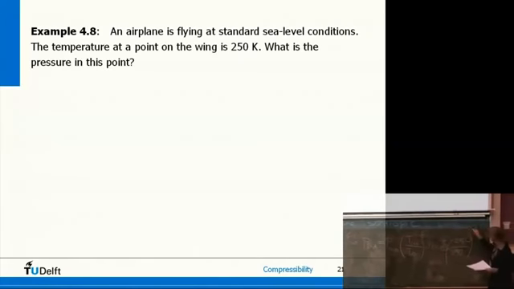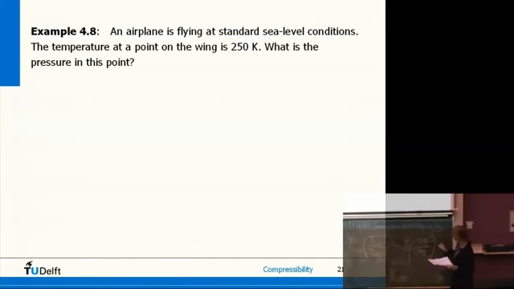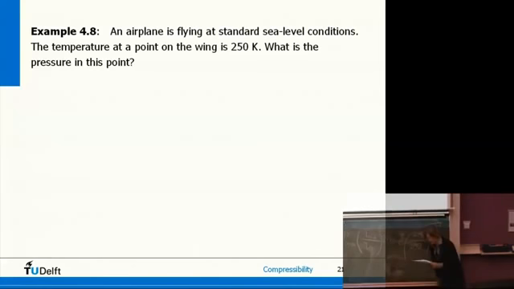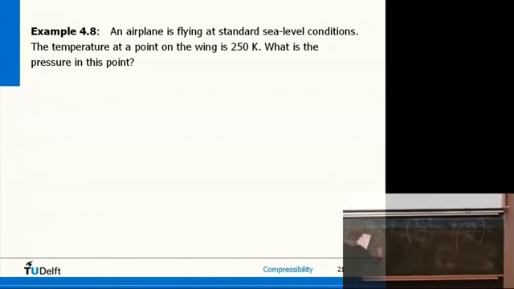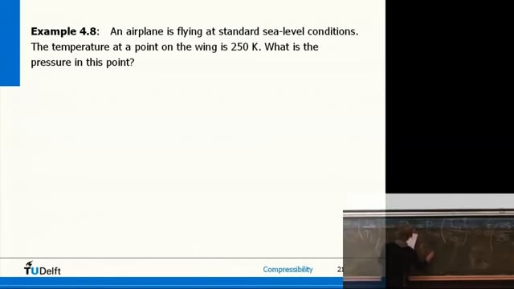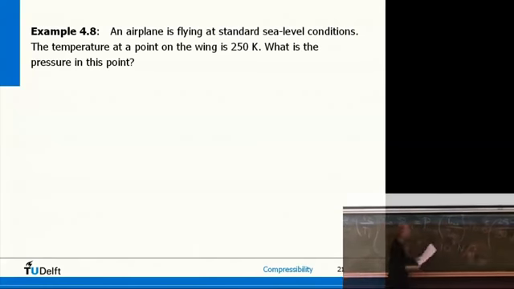And gamma is equal to 1.4, so 1.4 minus 1. Then we find that the pressure at this point on the wing, PA, is equal to 6.14 times 10 to the power 4 newtons per meter squared.